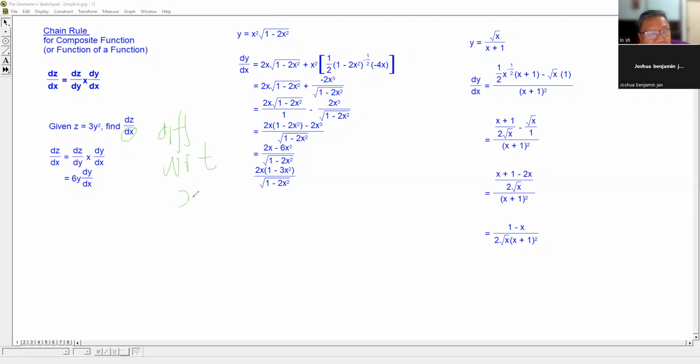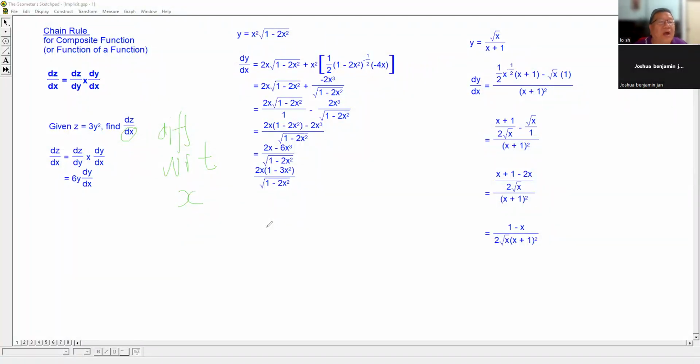Differentiate with respect to x. Then you may ask me, hey, there is no x in the equation. How can I differentiate with respect to x? That's when our chain rule comes in. Although the equation has no x, I can still differentiate with respect to x.